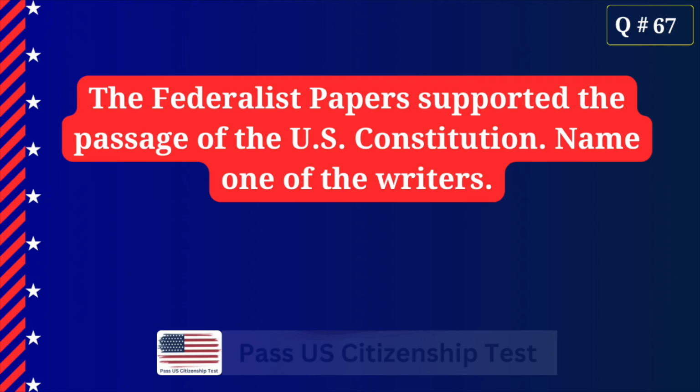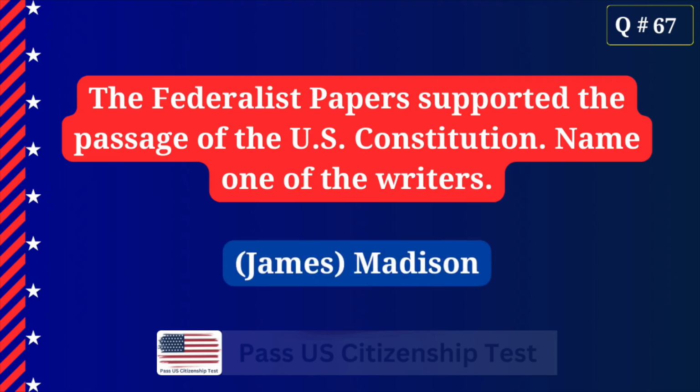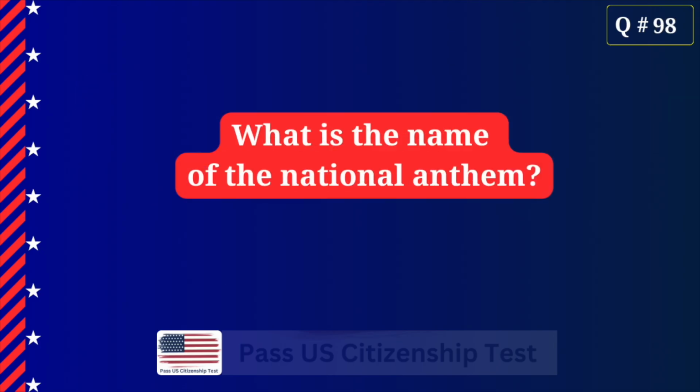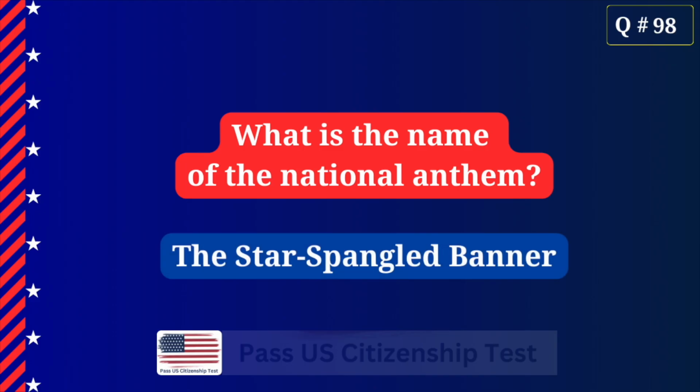The Federalist Papers supported the passage of the U.S. Constitution. Name one of the writers. James Madison. What is the name of the national anthem? The Star-Spangled Banner.